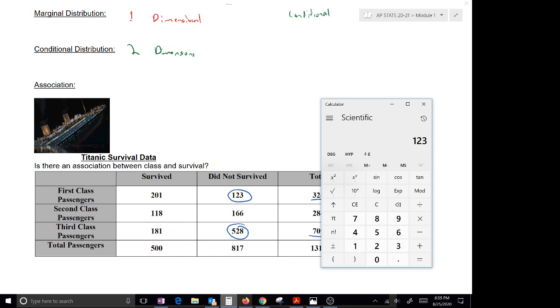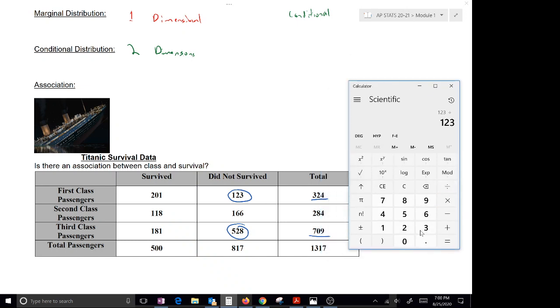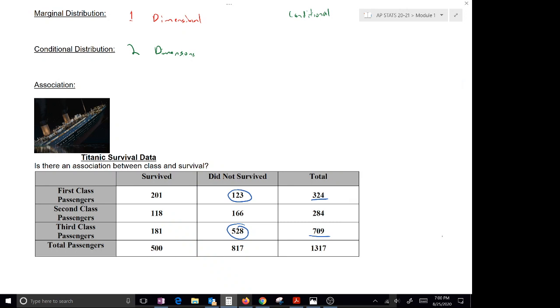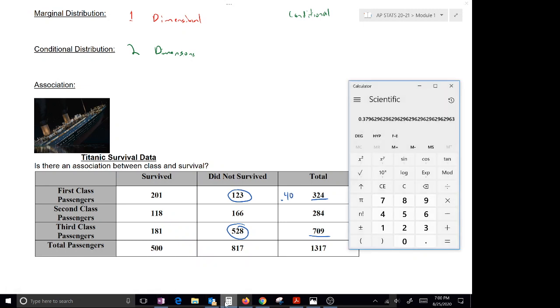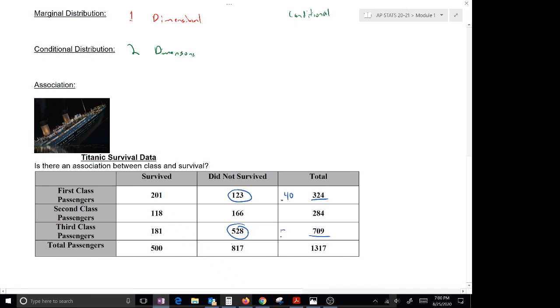So 123 divided by 324. Okay, so about 40% of first class passengers did not make it. 528 divided by 709, and we got 74% of our third class passengers didn't survive.